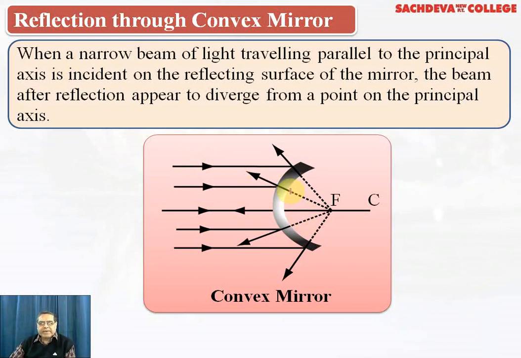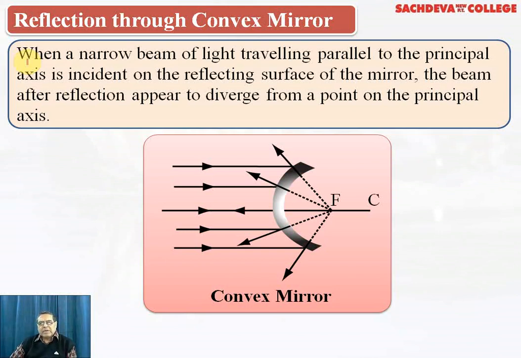Many incident lights are coming from infinity, and they strike the reflecting surface. The points where the lights strike are called the points of incidence. From there, the reflection takes place.